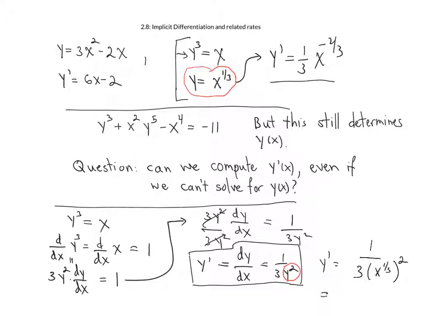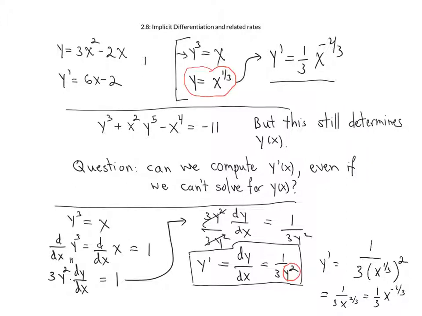Now that is 1 over 3x to the 2/3, and that becomes 1/3 x to the negative 2/3, which is the same as the derivative that I found at the top of this screen.